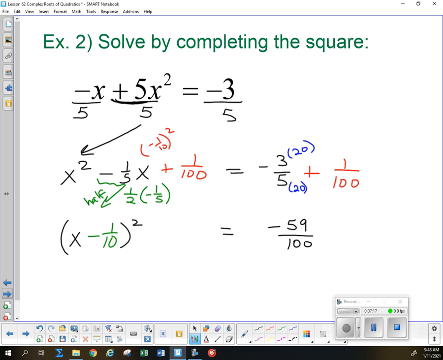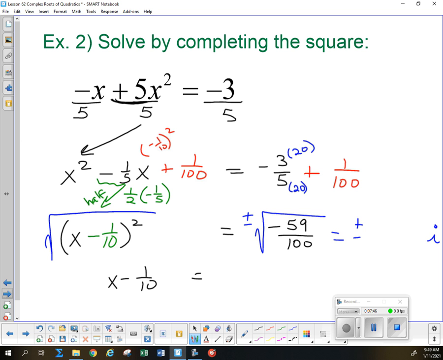Next, I need to take my plus or minus square root of both sides. So I take the square root on the left, square root undoes the square, and I have x minus 1/10 equals. On the right, I'm going to do plus or minus the square root. That means I'm going to have plus or minus the square root of 59 over 100 times i.